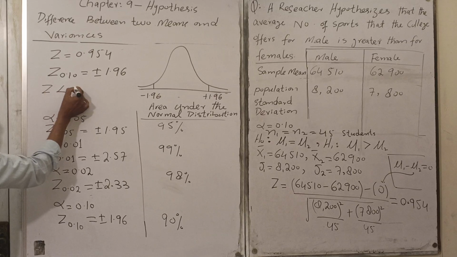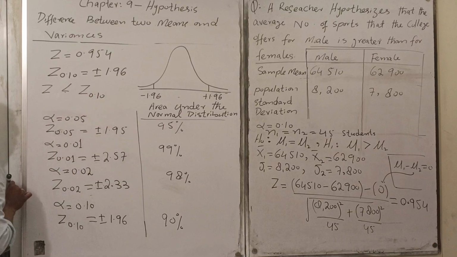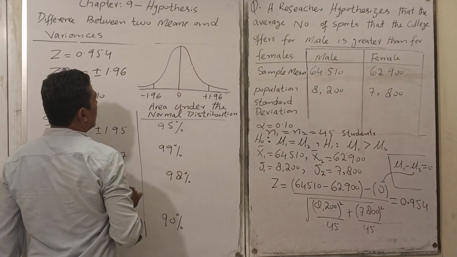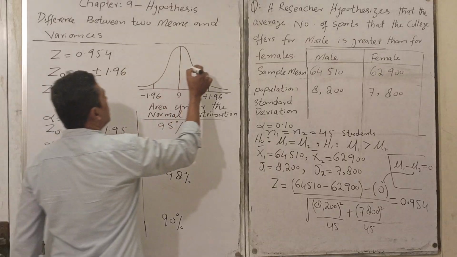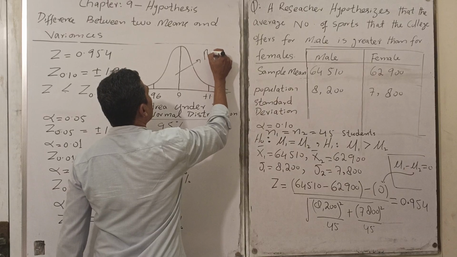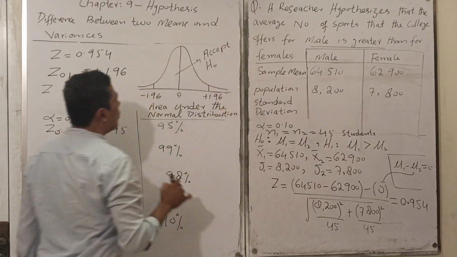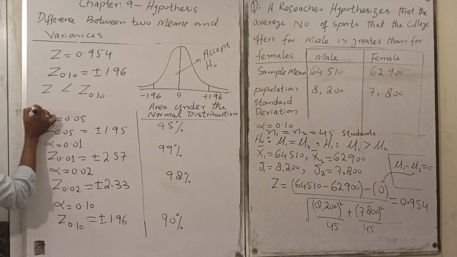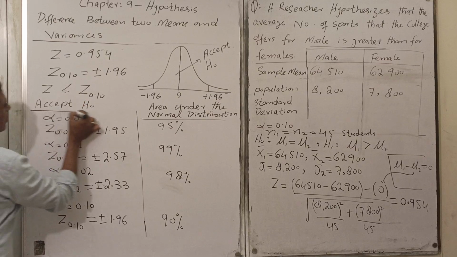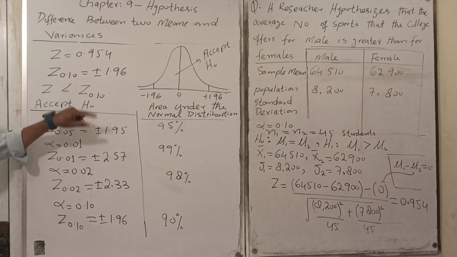Z calculated is less than Z critical. So it means that we accept H naught. Clear? Why do we accept H naught?